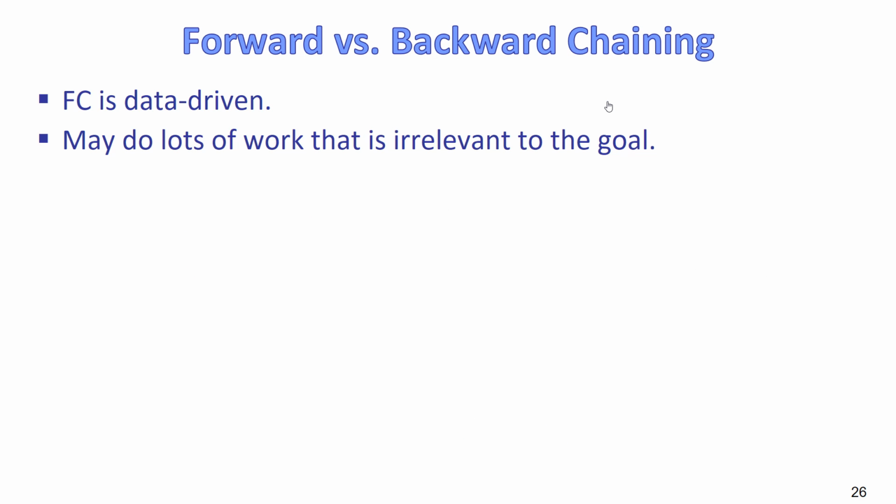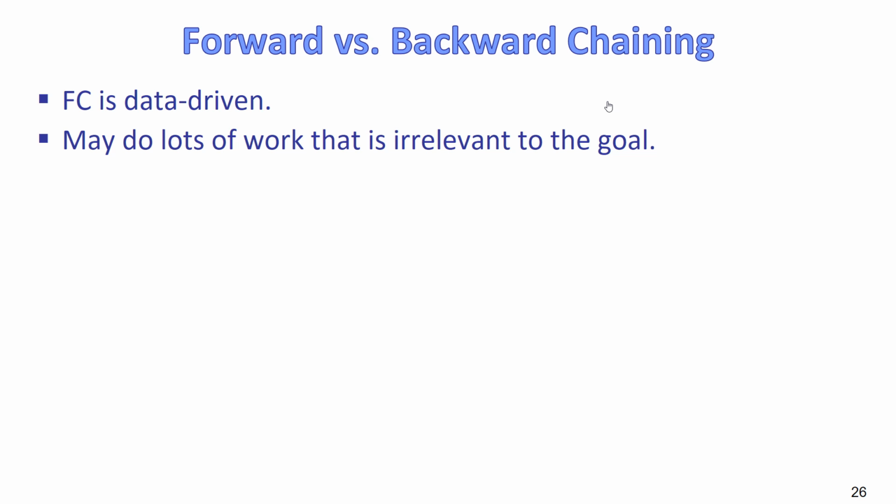Now, if you look at forward chaining versus backward chaining, forward chaining is what we call a strategy of a type that we call data-driven strategies. Once we see some evidence or some data, we move from that data to infer something more. So when we do that, we might do some work that is completely not useful to satisfy the goal or to check the goal.